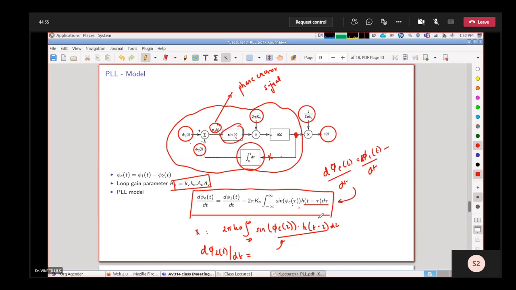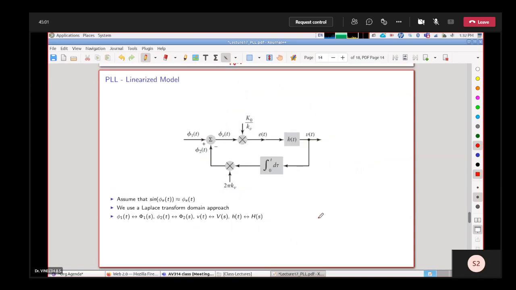We will see under what conditions phi e of t will go to 0. In doing so, we will make use of some Laplace transforms and things like that. So if you don't remember that, try to have a look at it before we convene again for the next class.